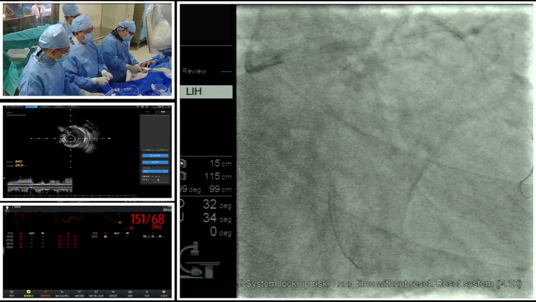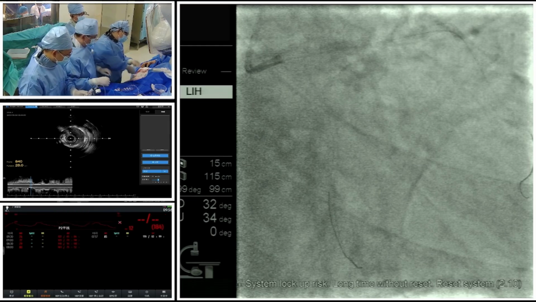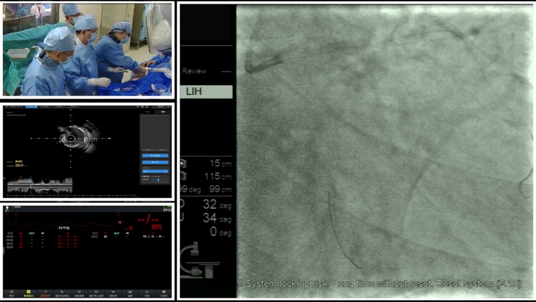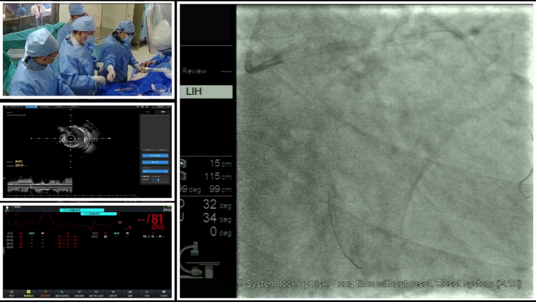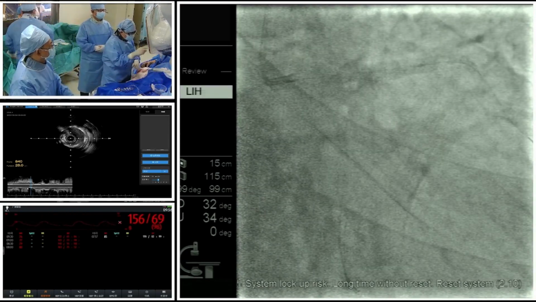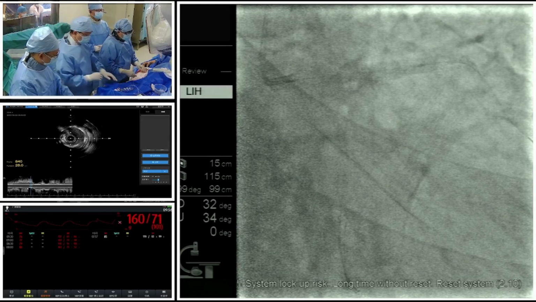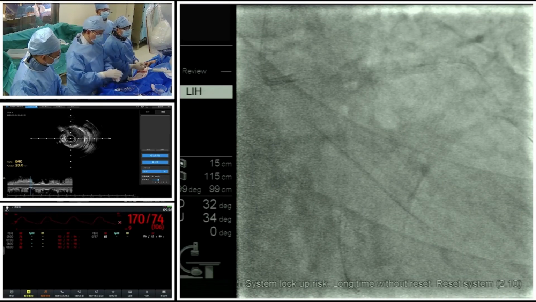For the second part, the distal marker of the NC balloon will be located at the proximal of the bifurcation.